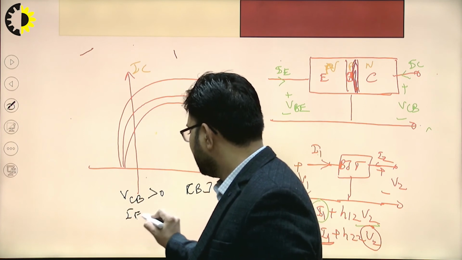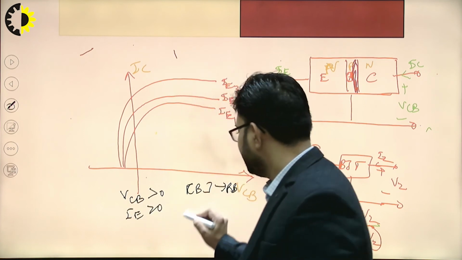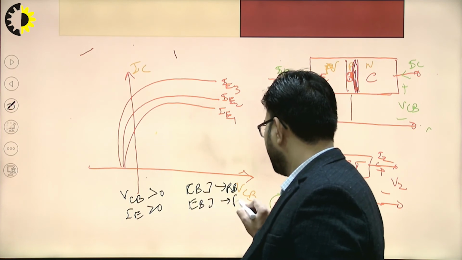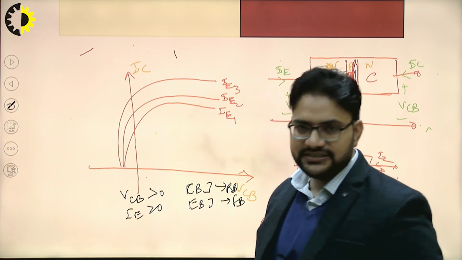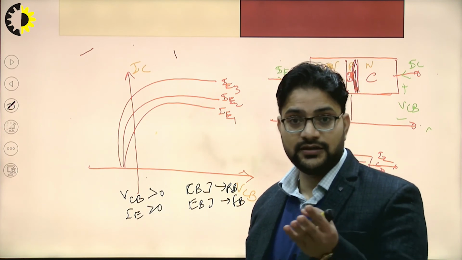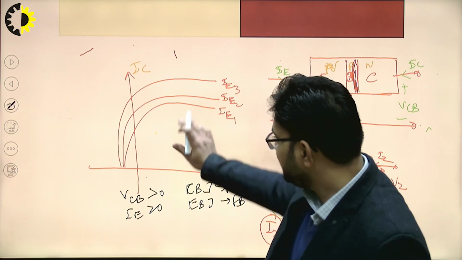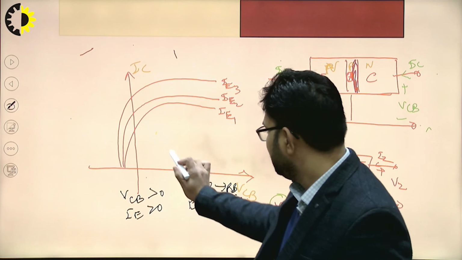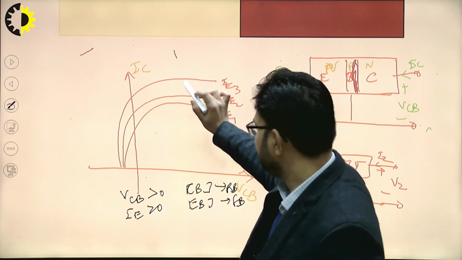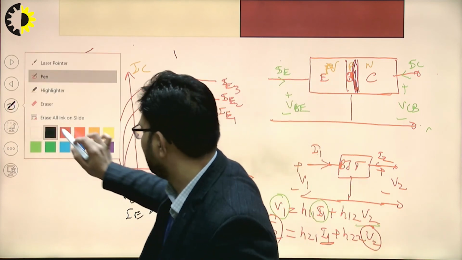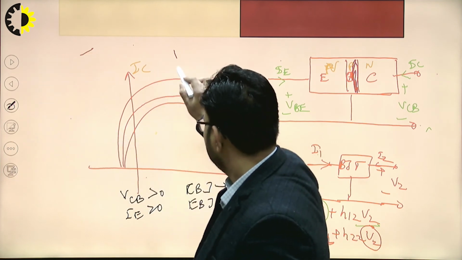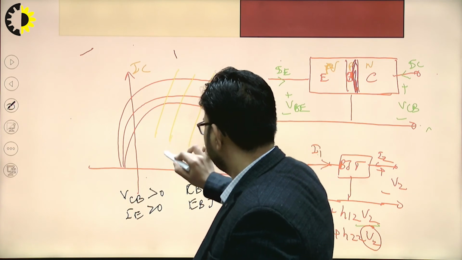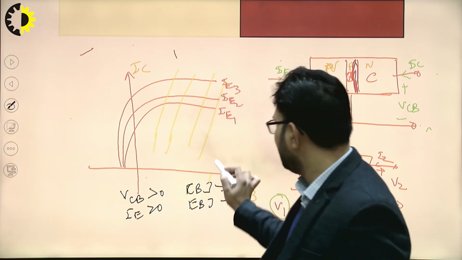IE greater than 0 signifies that the emitter base junction is forward biased. Under this condition, the transistor is working in the active mode. So can you see in this output characteristics, what is the active mode? This one and this complete shaded portion, I am just shading, this complete region is your active mode for VCB greater than 0 and IE greater than 0.